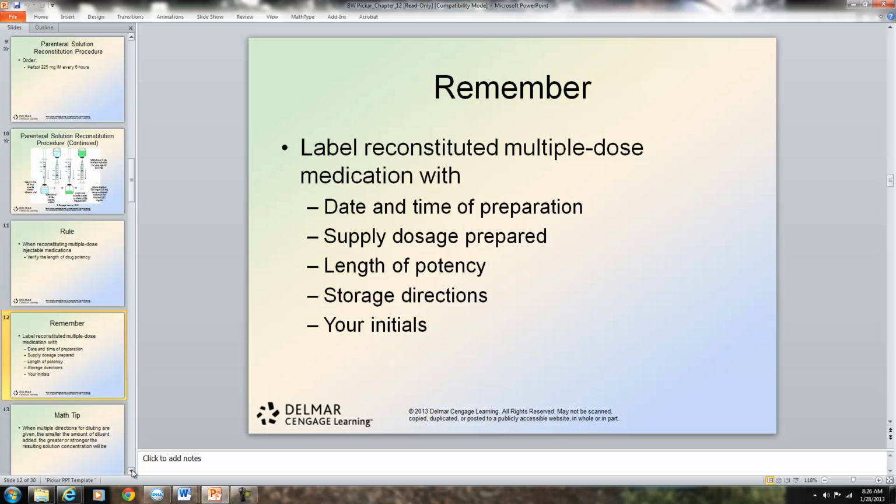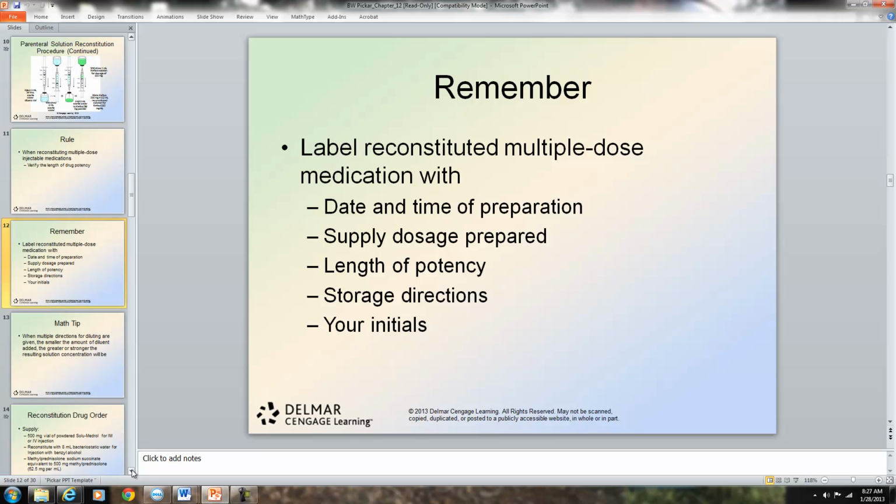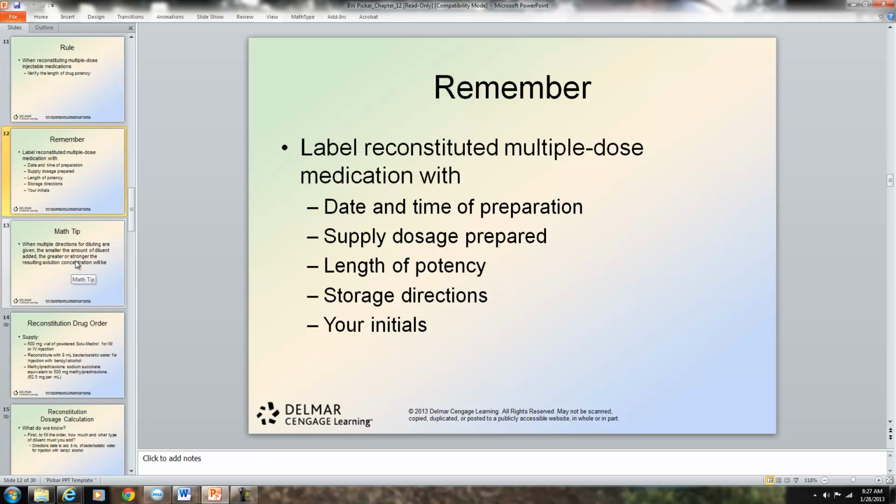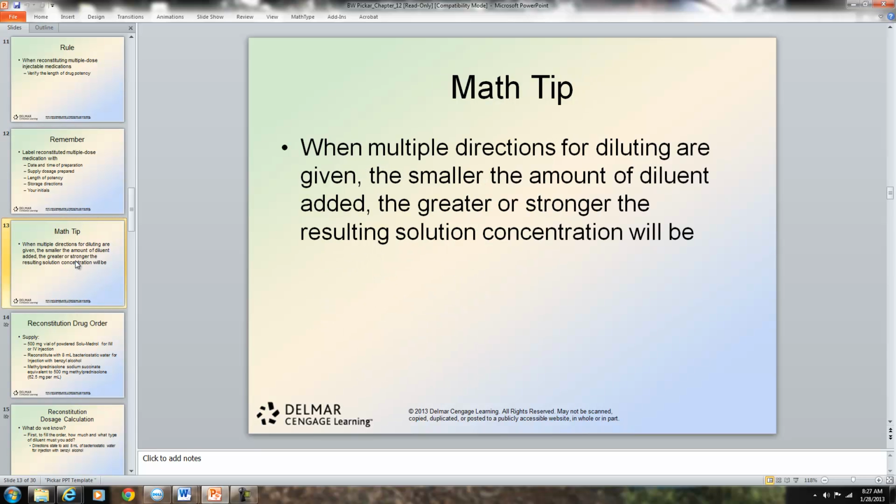So that's what you have to put on all the medicines that you reconstitute.